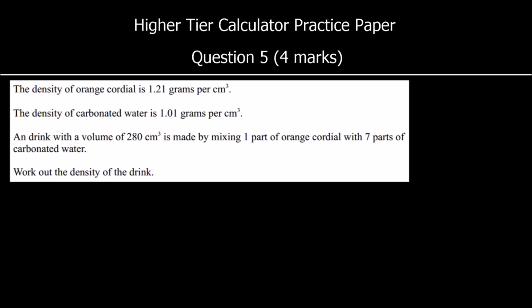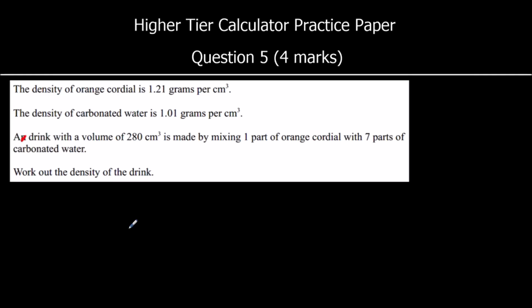We have the density of orange cordial is 1.21 grams per centimetre cubed. The density of carbonated water is 1.01 grams per centimetre cubed. A drink with volume 280 centimetres cubed is made by mixing 1 part orange cordial with 7 parts carbonated water.